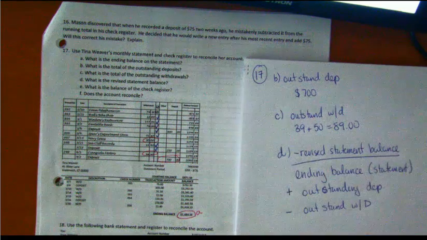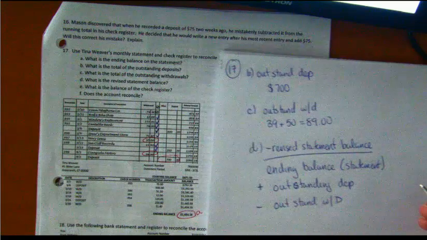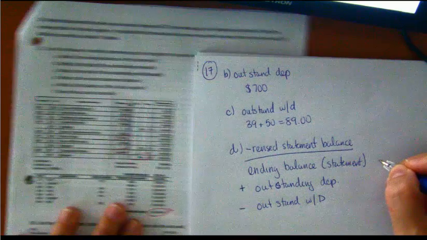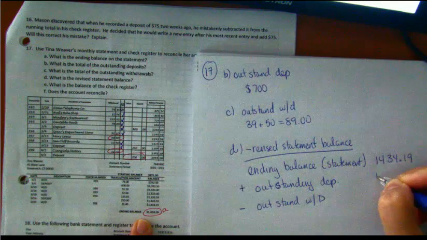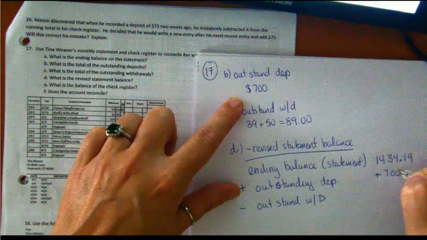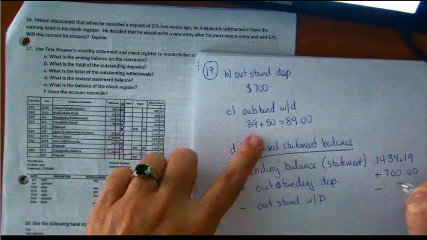That's how you get your revised statement balance. So in this instance, we're going to take our ending balance, which is 143,419. We're going to add 700, and we're going to subtract 89.